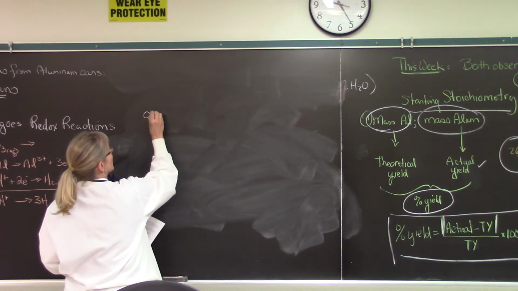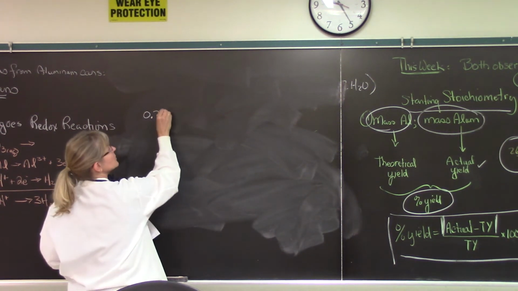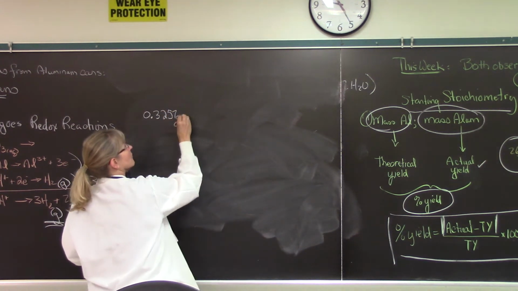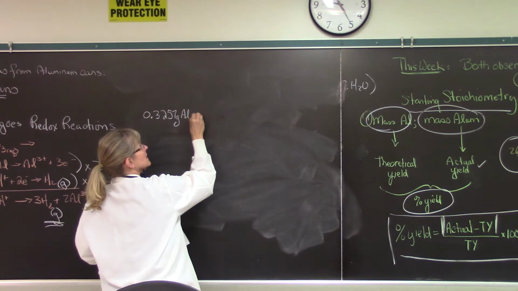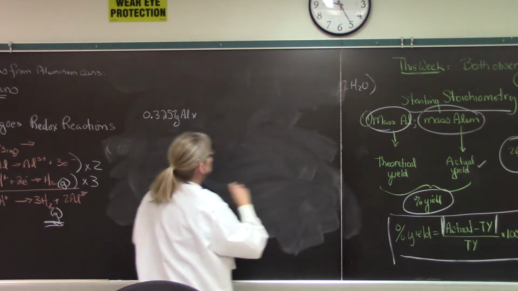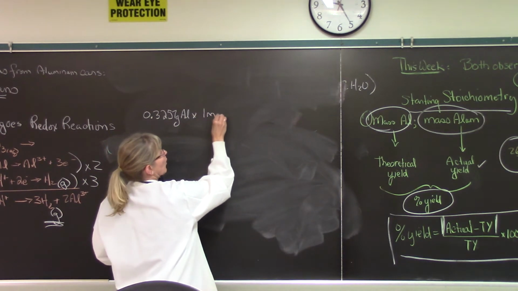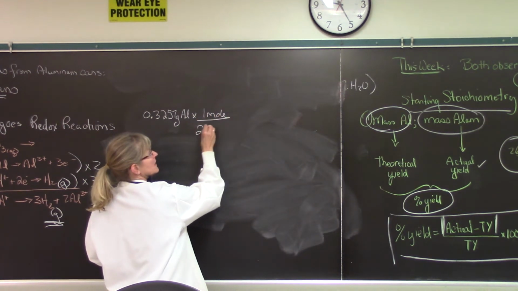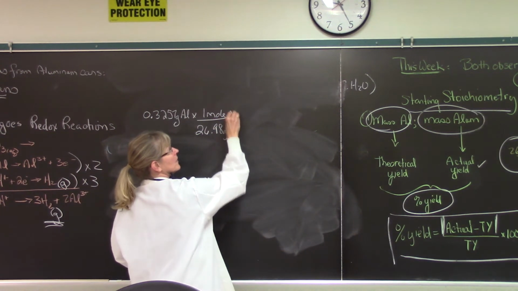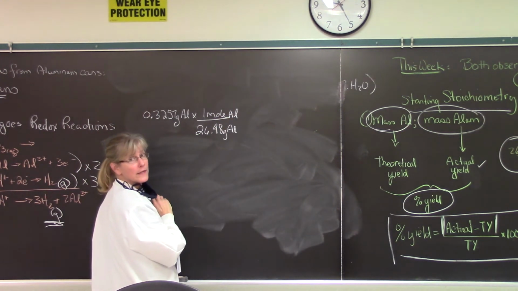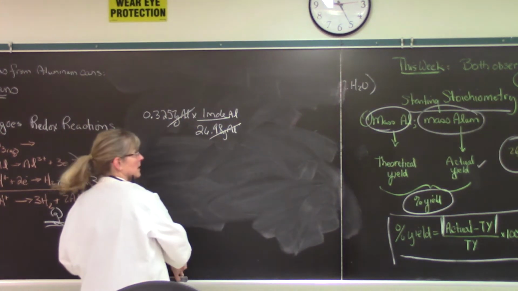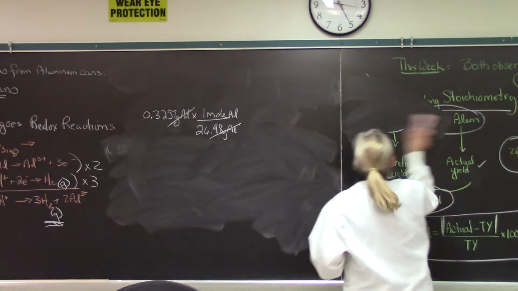So I'm going to start with 0.3257 grams of aluminum. Now, first I have to get this into moles of aluminum. So 1 mole over 26.98 grams of aluminum. You can look that up on any periodic table. My grams of aluminum cancel.